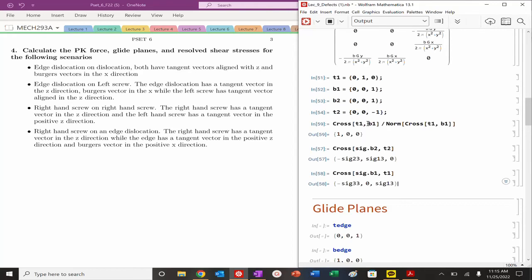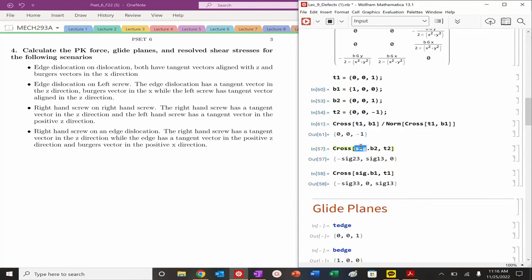So let's go ahead, we can calculate those. We want our T1, edge on edge. Again, I'm just going to call it the second one there. Our T1 is this direction here, so this is my glide plane.